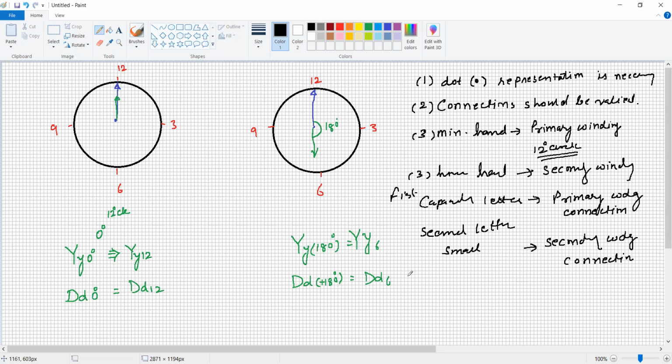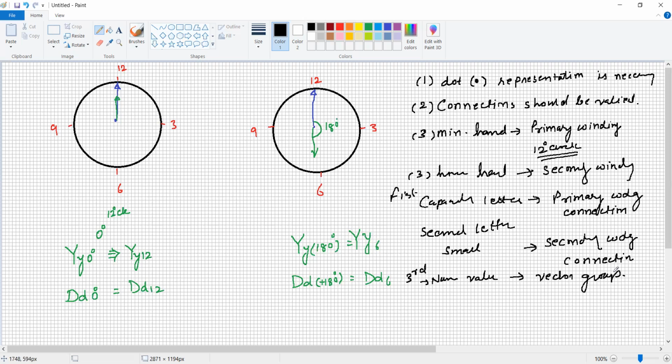Whereas the third is the numerical value, and it represents the vector group. So it is either plus 30 degree or minus 30 degree.